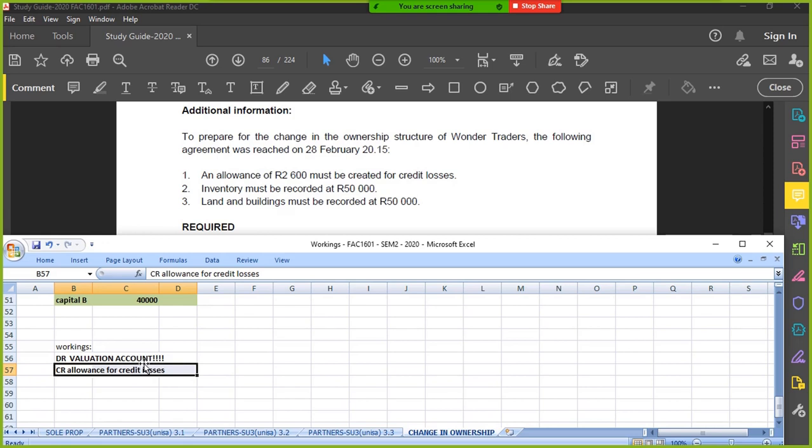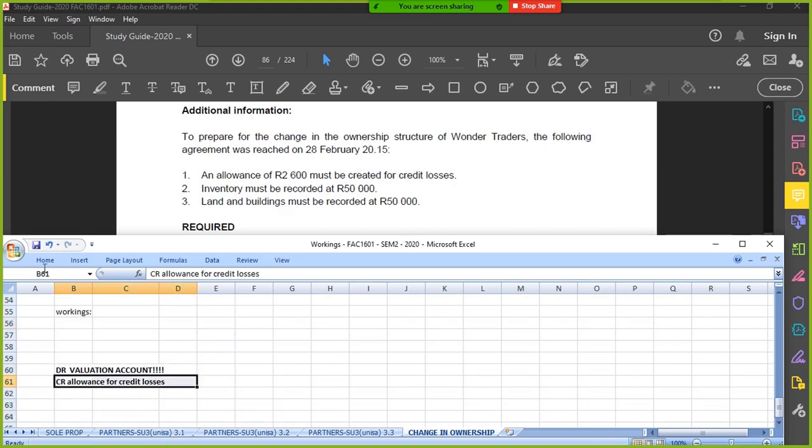Oh, okay. Because remember, this is a change in ownership. So when you have a change in ownership, you have these valuation accounts. What is this going to do to the capital in the business? It's going to decrease it. Yes. Why will it decrease it? Because you can just picture this.